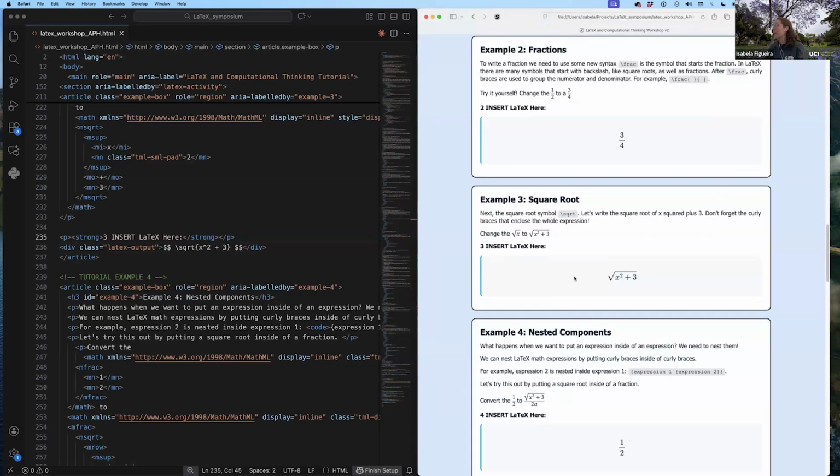And in the example 3 box, we should now see a square root symbol with x squared plus 3 inside. Whew. And that reads out the square root of x squared plus 3. Woohoo. And if we click on just the x squared plus 3, this is read out by the screen reader, radicand x squared plus 3. So that's how we know that the expression is correctly enclosed inside of the square root.